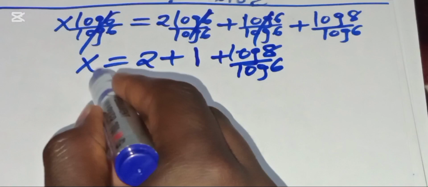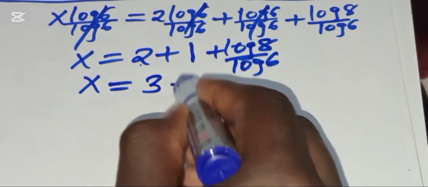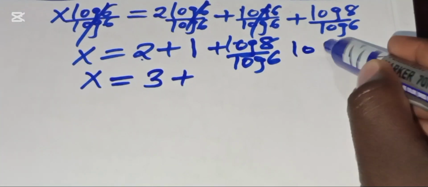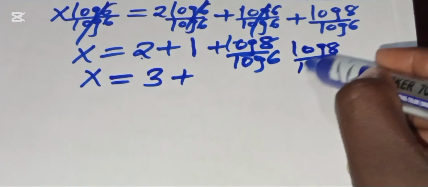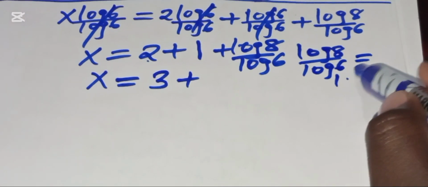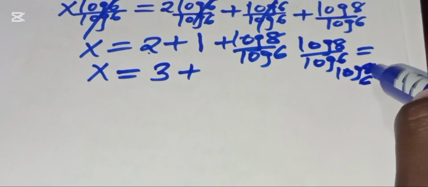So x is equal to 2 plus 1, this is 3, plus log 8 divided by log 6, which you can express as log 8 to base 6.